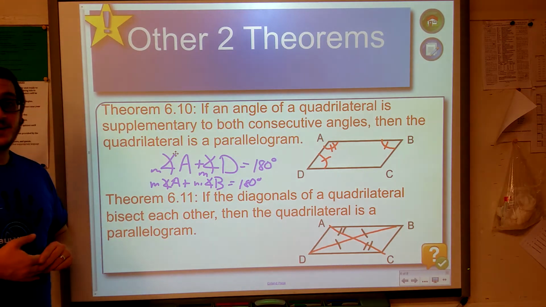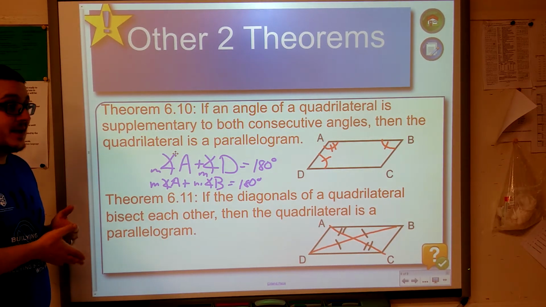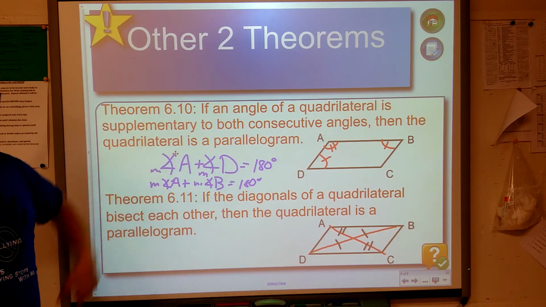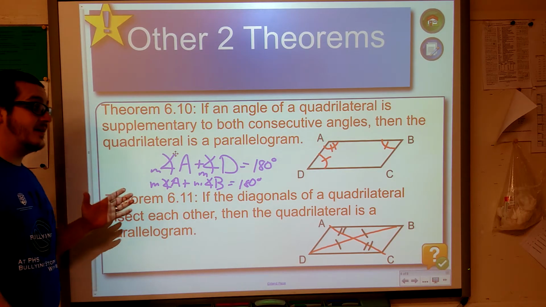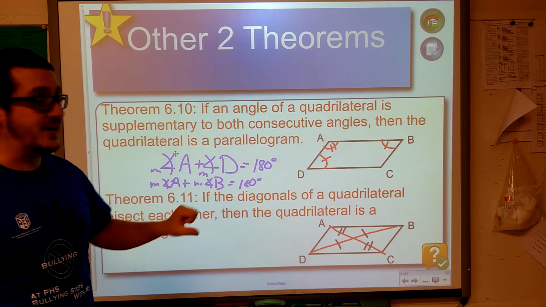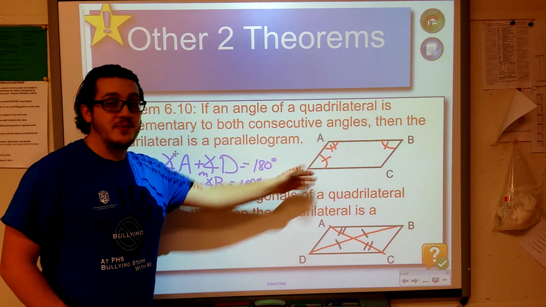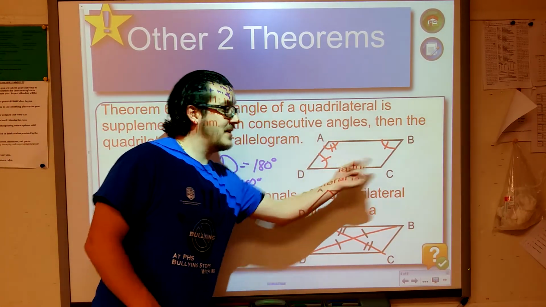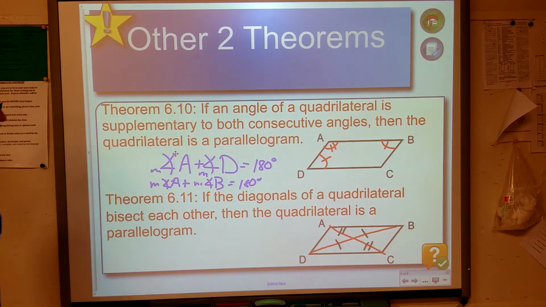Yesterday's notes, we said, hey, if it's a parallelogram, then we know consecutive angles are supplementary. Now we're saying, hey, we're going to figure out if this is a parallelogram. We're going to add up these angles and see if they add up to 180. We're going to add these two angles and see if they add up to 180. Oh, and they do. Yay, it's a parallelogram. At least for this general example.